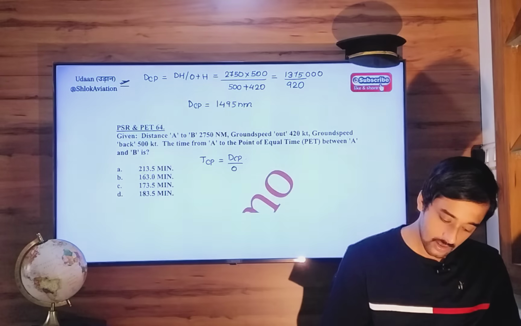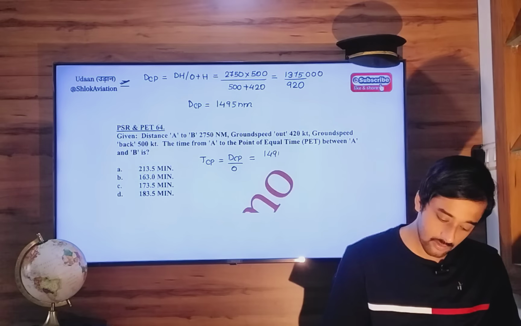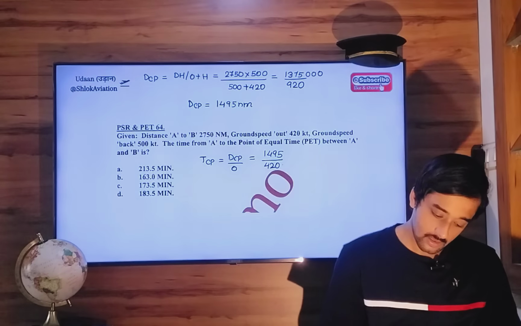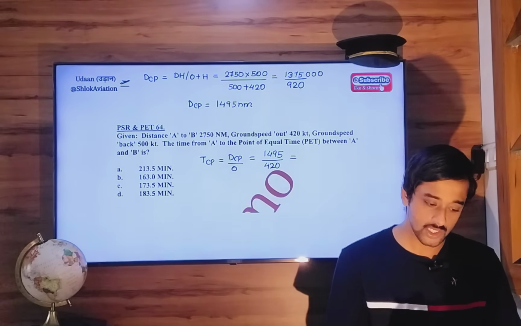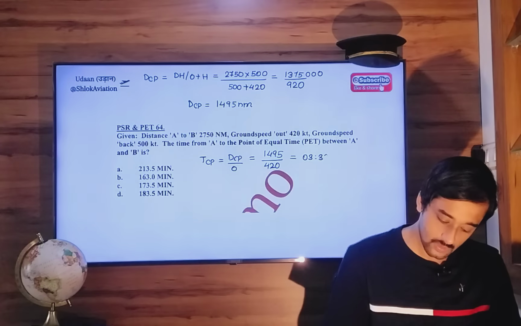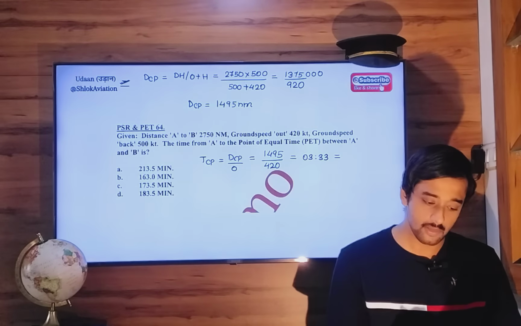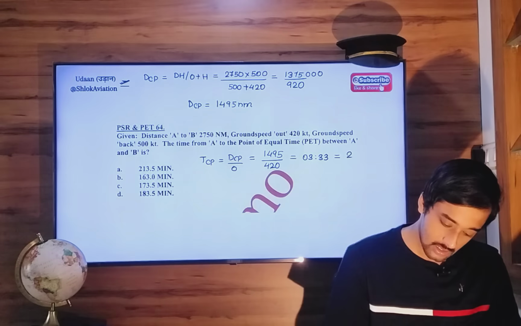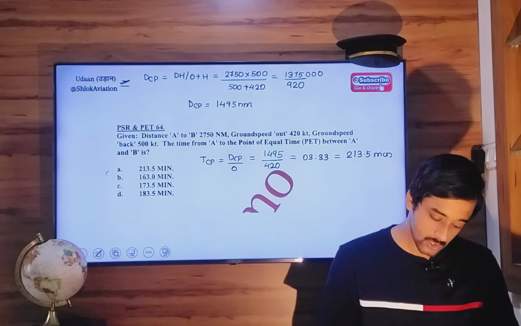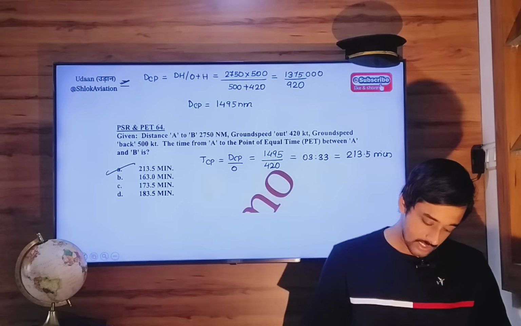So 1495 divided by 420, which is equal to 3 hours 33 minutes, or multiplied by 60, 213.5 minutes. So correct answer here is option Alpha.